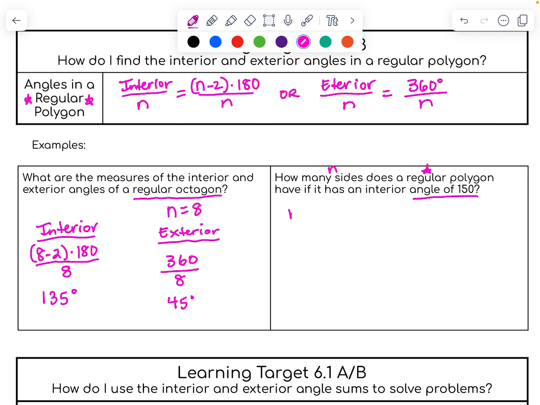So we've got the number of sides, n minus 2 times 180, it's regular, so divided by n equals 150.